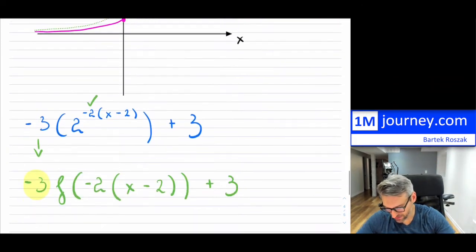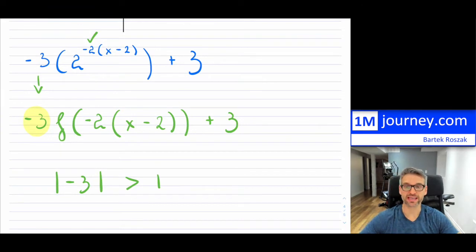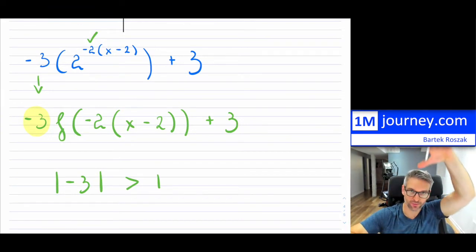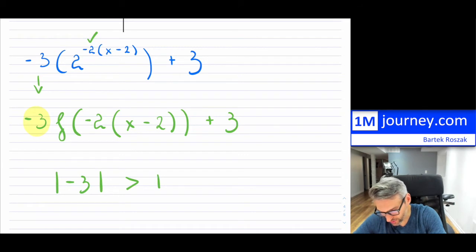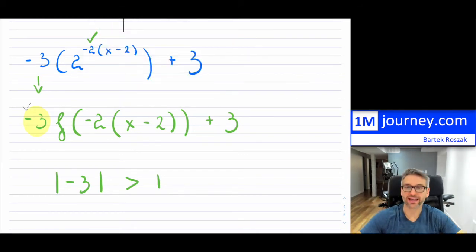Now, if the magnitude of the A was between 0 and 1, it would compress it down. It would bring it down. That's what happens in there. Now, the negative on its own, so this particular negative that I have in here, what does that negative do?